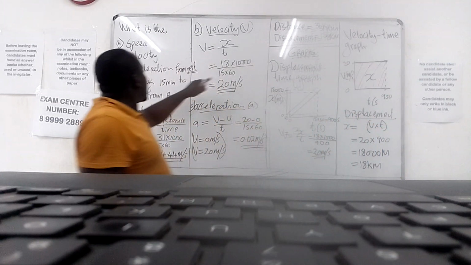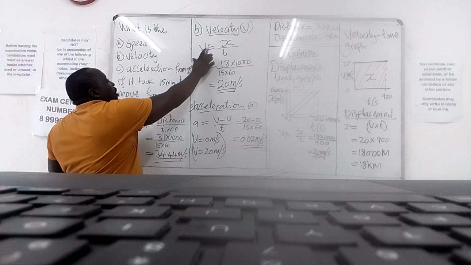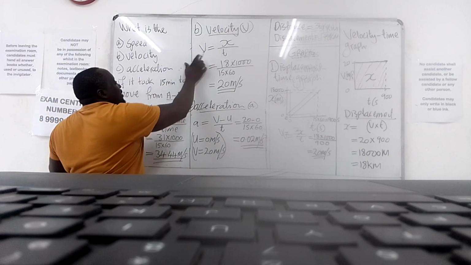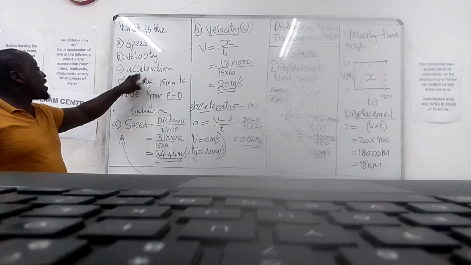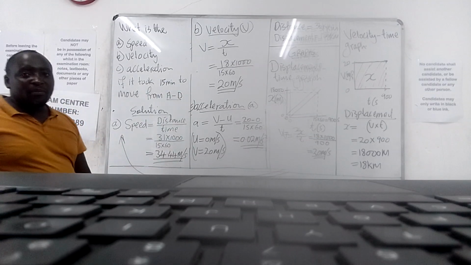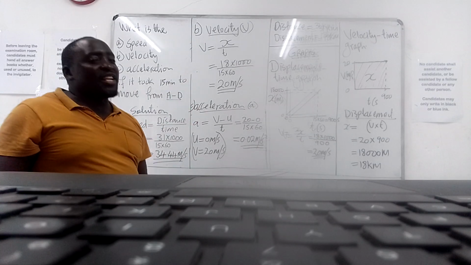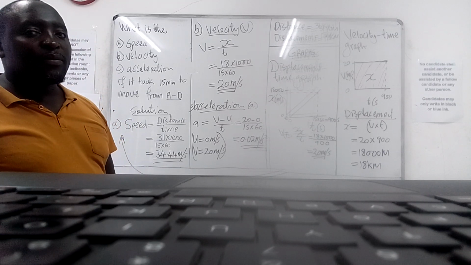If this scenario, if we didn't have this acceleration, let's say we remove the rest. This is the story we have. Acceleration, if it took 15 minutes to move from A to D. What is our acceleration in this regard without the rest involved?